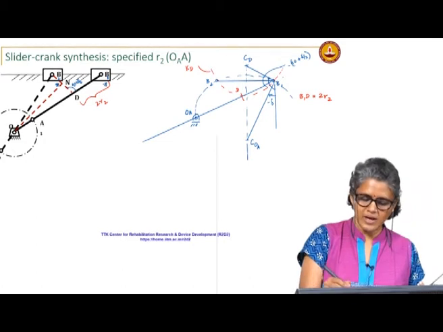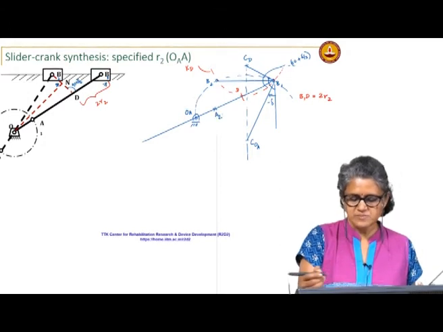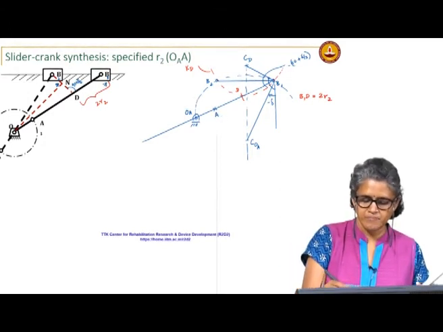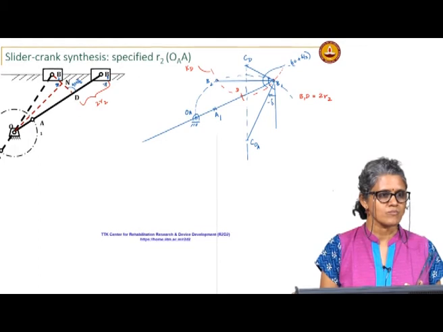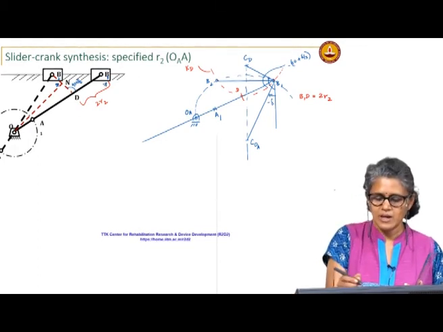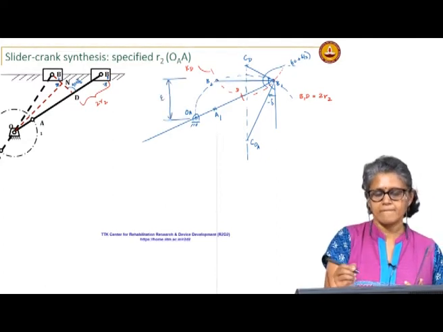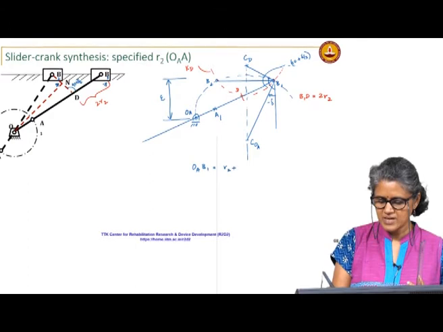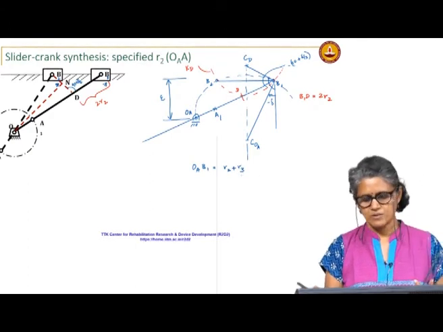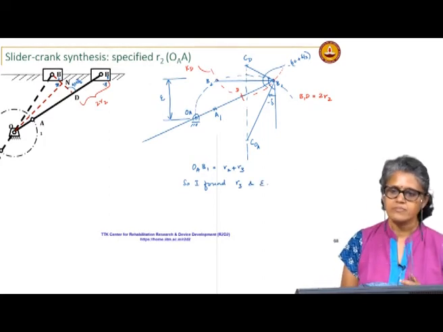So I know R2, so this gives me, sorry, A1 B1 will be R3. And my offset is this. So OA B1 equal to R2 plus R3. So I found R3 and the offset.